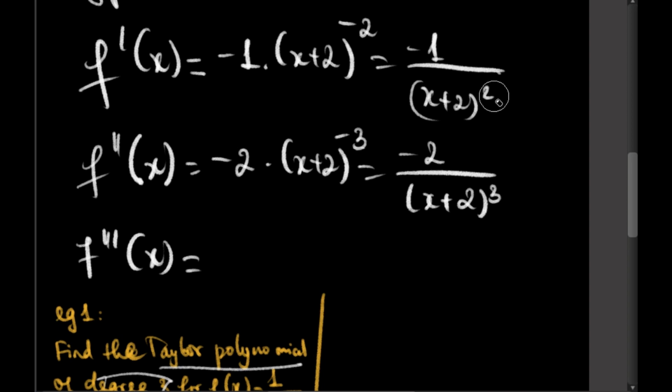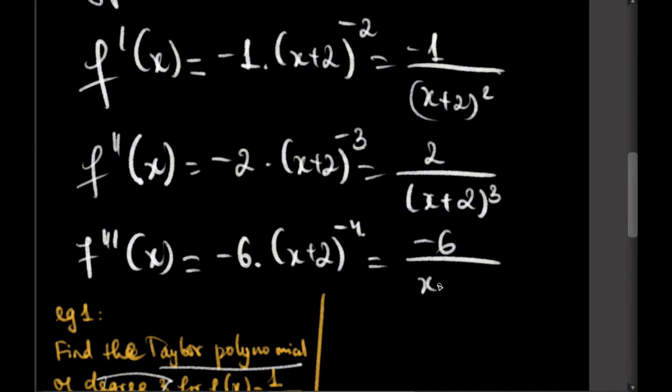Let's say -2 multiplied by -1 is going to be 2. I'm very sorry for that. And now we've got -3, and we multiply that by 2 to get -6, and we're going to rewrite this fraction.